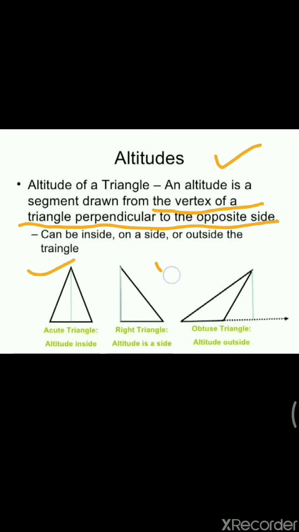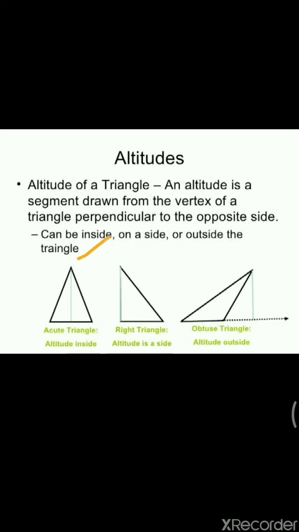We have taken 3 different triangles: acute angle triangle, right angle triangle and obtuse angled triangle. There are 3 different cases because median was very easy, but in altitude you have to understand in 3 different aspects. Let's start with acute angled triangle.